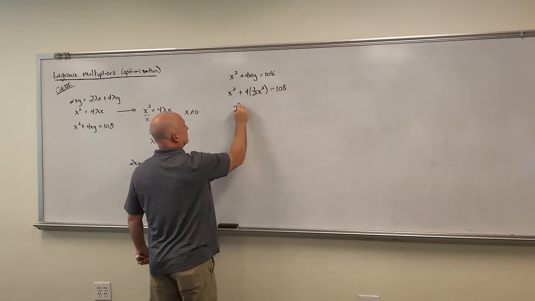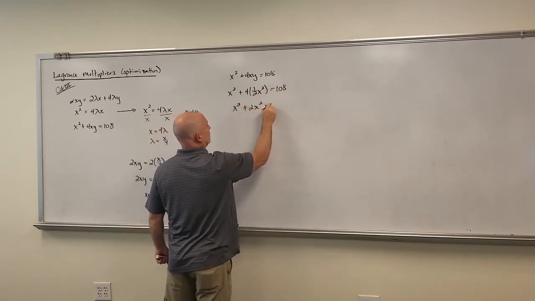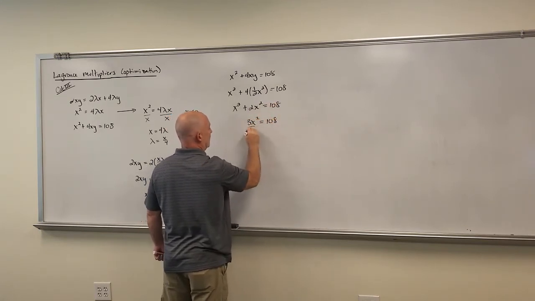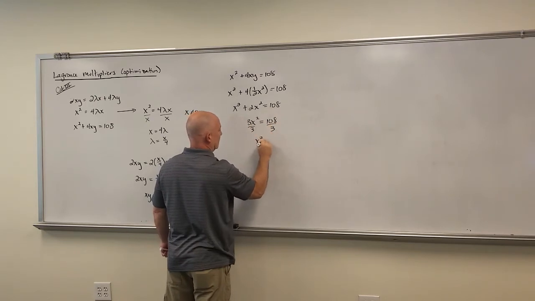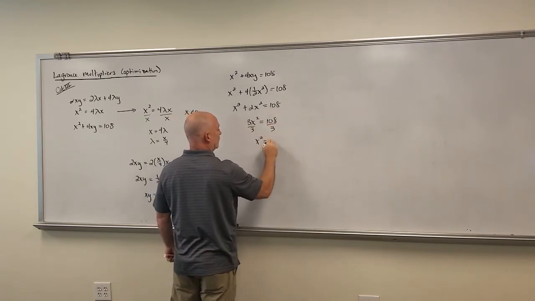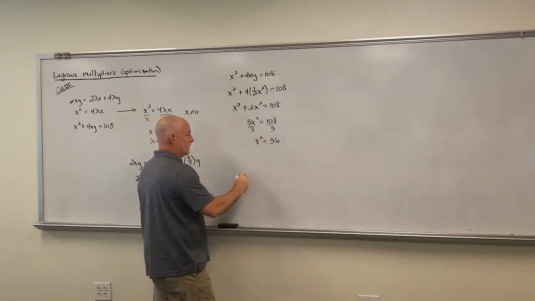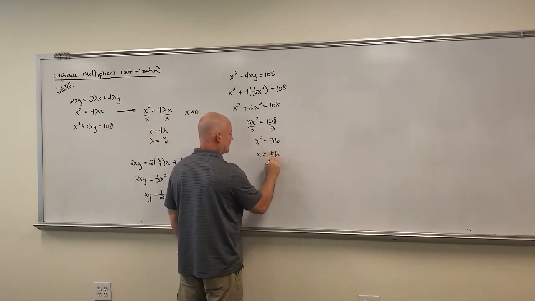So I get x squared plus 2x squared is equal to 108. 3x squared is 108. Divide both sides by 3, so we get x squared is equal to 36. We take the square root of both sides, we get x is equal to plus or minus 6.